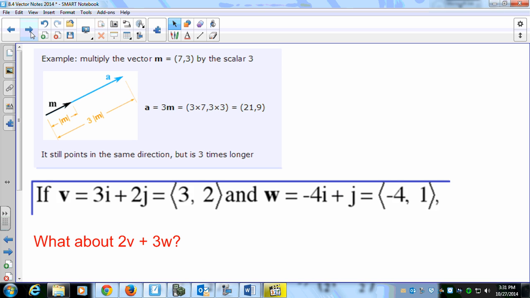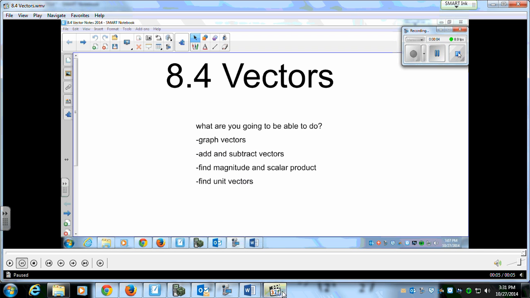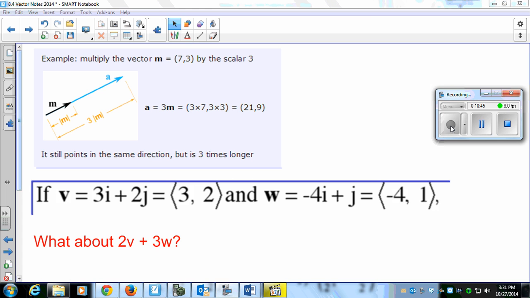So next what we have to do is talk about the scalar. If we have a vector m and we want to multiply it by 3, we can just go ahead and multiply each component by 3, and it's as simple as that.